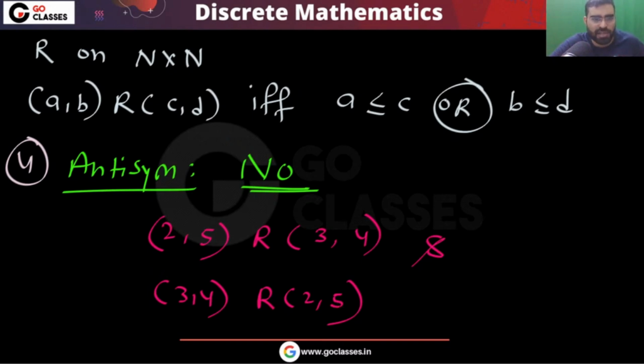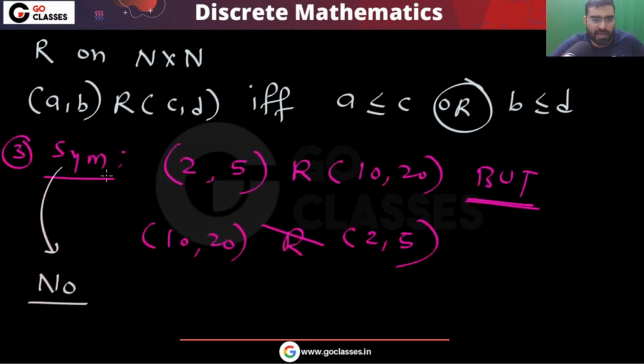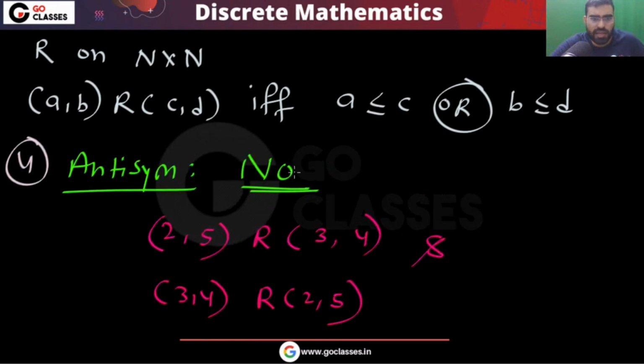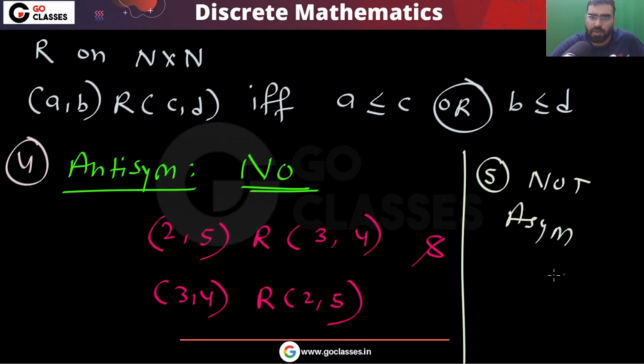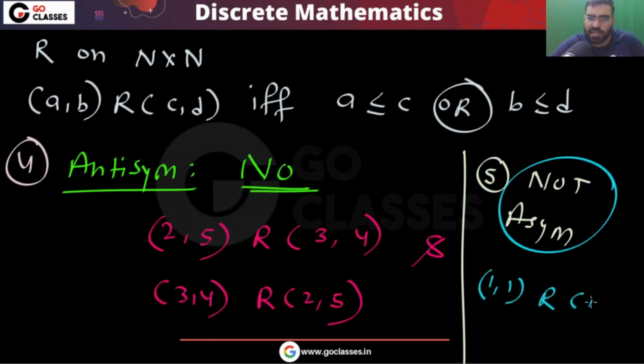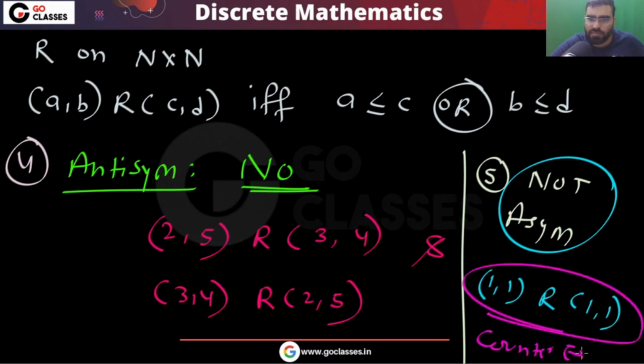So this is not anti-symmetric. It is not symmetric and not anti-symmetric, which automatically means it is not asymmetric also, because if it is not anti-symmetric, then it is not asymmetric. The same counterexample will work, or you can use the counterexample that (1, 1) is related to (1, 1).